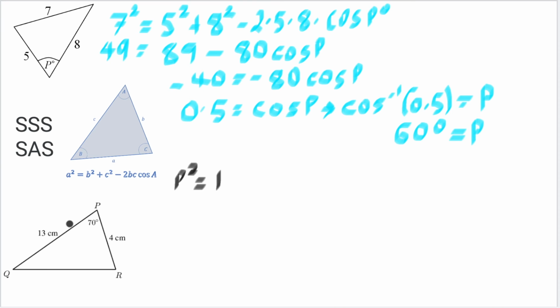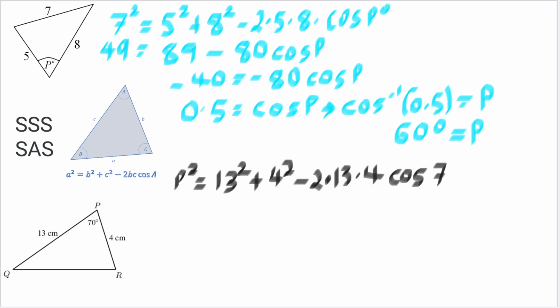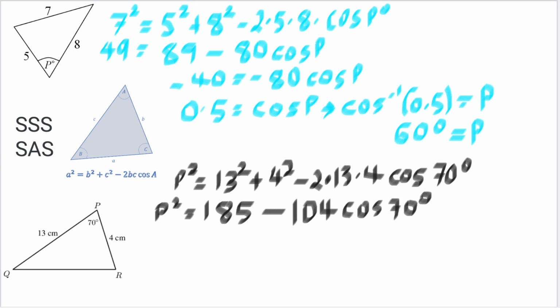I can choose either 13 or 14 to be B and C. So 13 squared plus 4 squared minus 2 times 13 times 4 times cosine of 70 degrees. And when you add the two squares, you get 185 minus 104 cosine of 70 degrees.